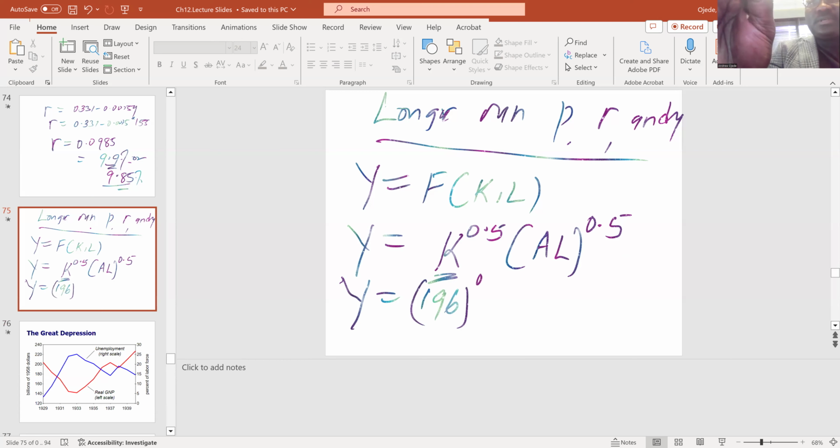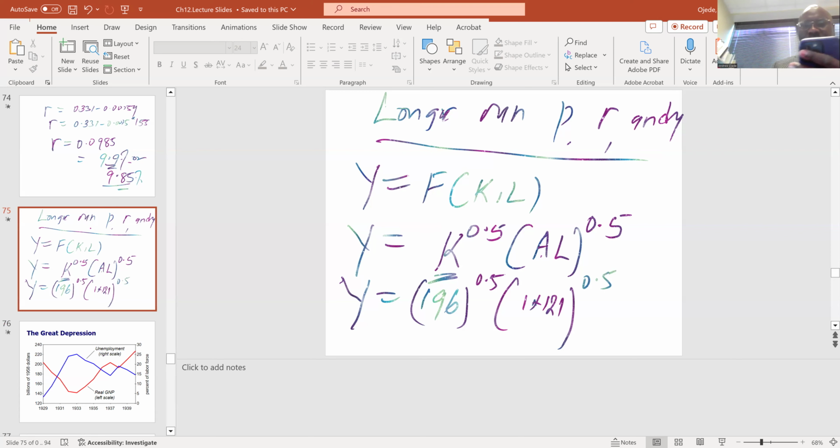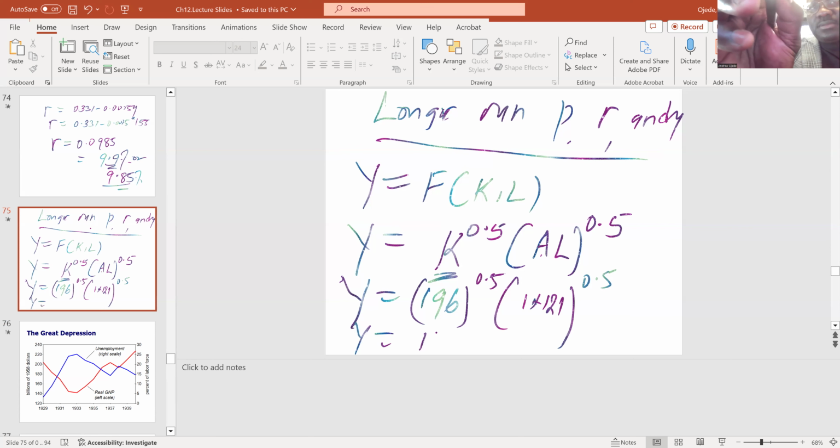It's 196 to the power 0.5 times A was given as 1 times 121 raised to the power 0.5. 196 to the power 0.5 is the square root of 196, which is 14. And then this is going to be 1 times 121 is 121. 121 raised to 0.5, the square root of 121 is 11. So 11 times 14 is 154.